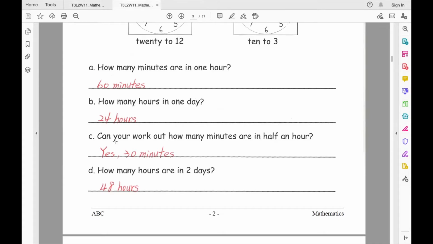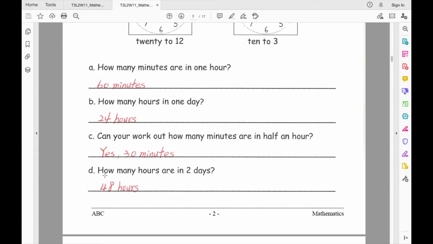Question C, can you work out how many minutes are in half an hour? Yes, we can. There are 30 minutes in half an hour. Remember, half an hour is half of the 60 minutes. So half of 60 is 30 minutes. So don't forget that. It's very important to remember.